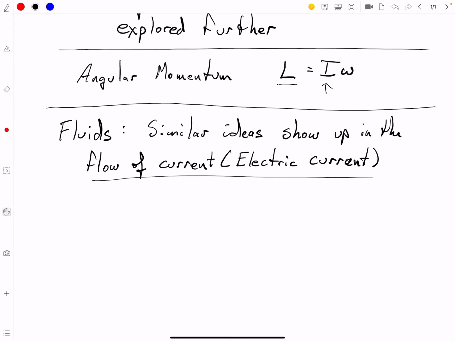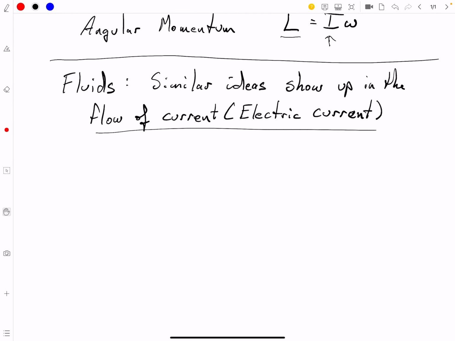And we did things like density of fluids. So we've got density. The density rho is equal to the mass divided by the volume. And we'll still have similar things, but instead we'll have a charge density, instead of a mass density.